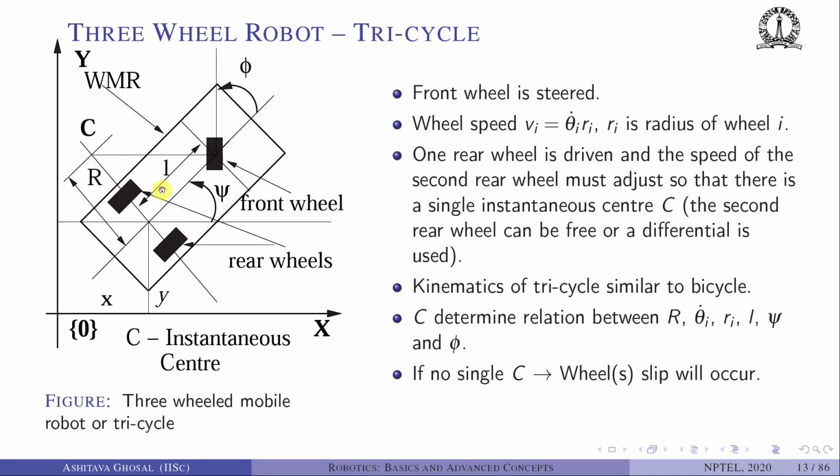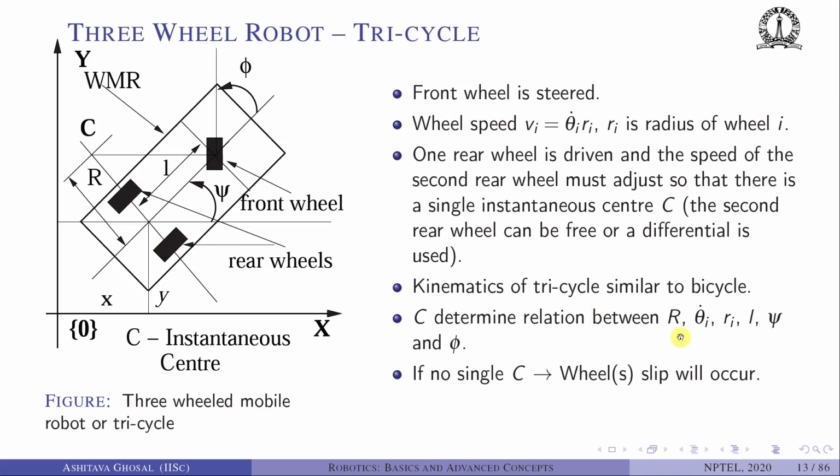So typically in a tricycle, one of the rear wheels is free, or in a three-wheeled automobile, there is a differential. As you take a turn, the speeds of these two rear wheels will adjust such that there is an instantaneous center. The kinematics of a tricycle is similar to a bicycle. We have the same set of variables.